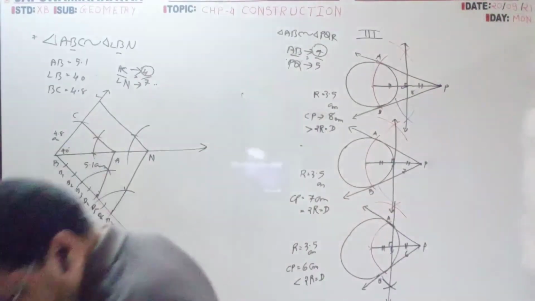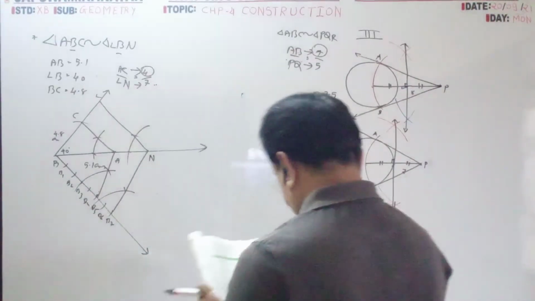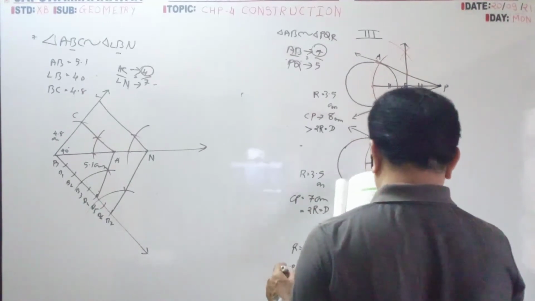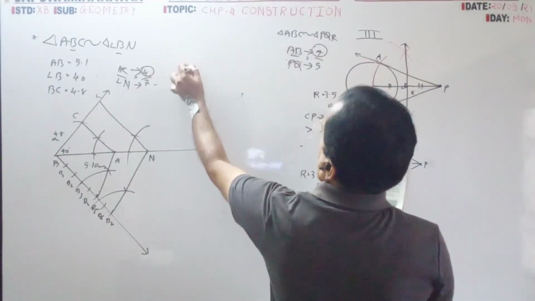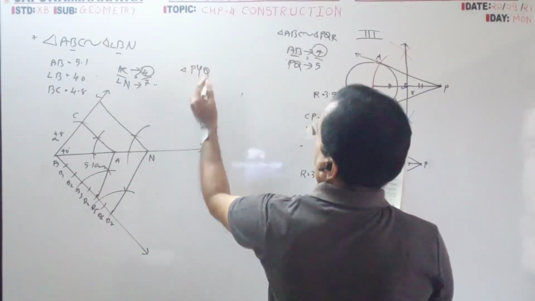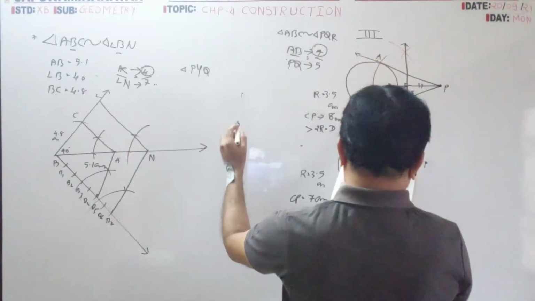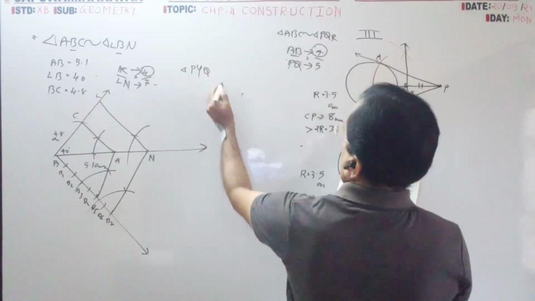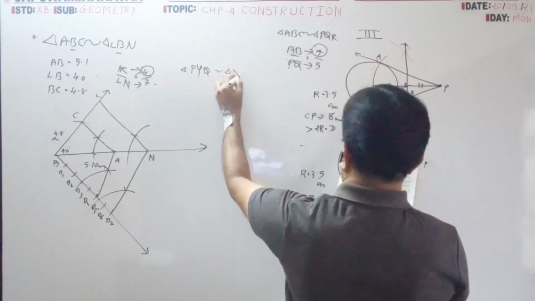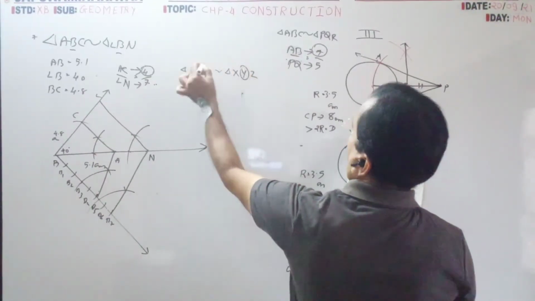One more example they have given. PQ... from smaller triangle to bigger, now bigger to smaller. Now Y is common.